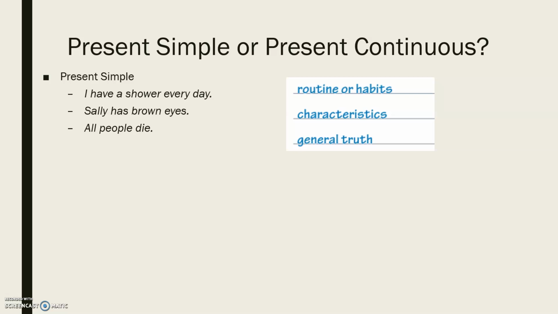As you probably remember, there are a number of adverbs which are typically used with a present simple. Like the adverbs of frequency, always, never, usually, frequently, and so on. But also, for instance, on Mondays, every week, every day, every morning, and so on.